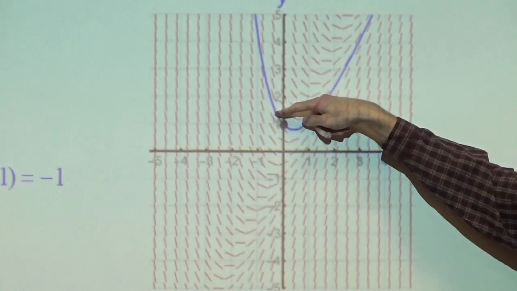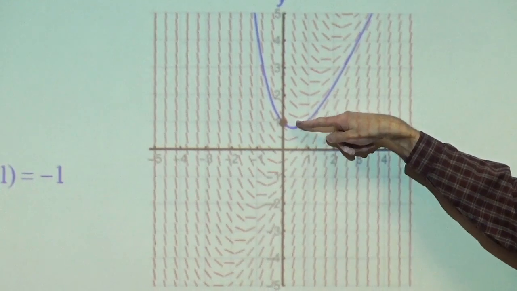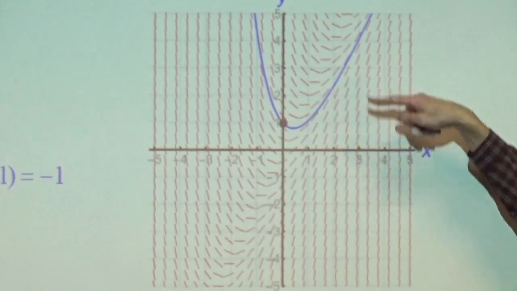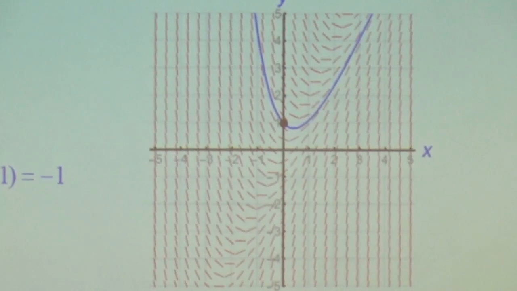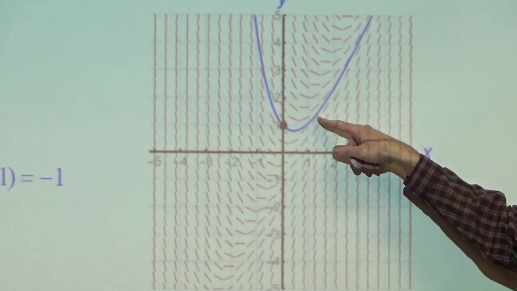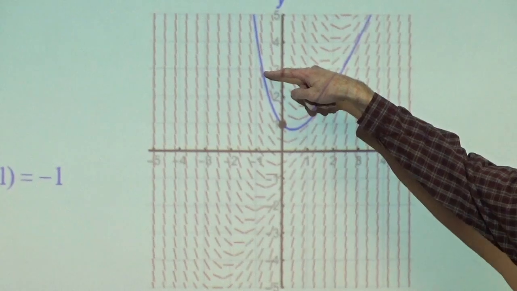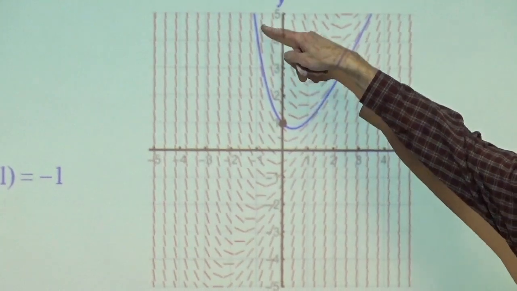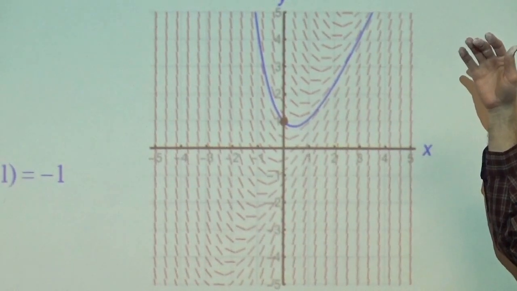Its tangent line has a slope of negative 1. And anytime the solution curve passes through the center of one of these little line segments, that line segment will be a tangent line to the curve. It's close right there to being on the curve. It's pretty close right about there. This solution curve has to look like this. It has to follow the slope.